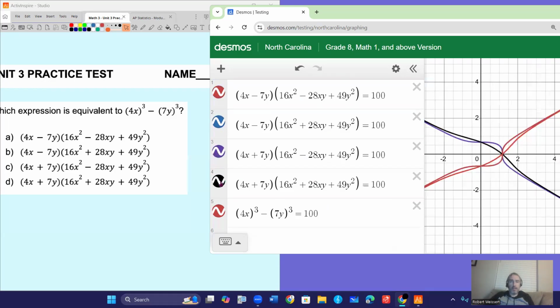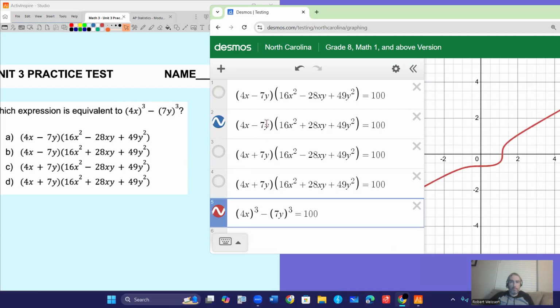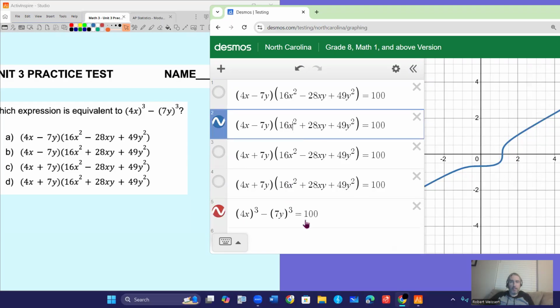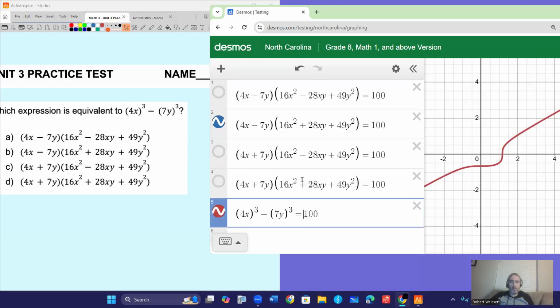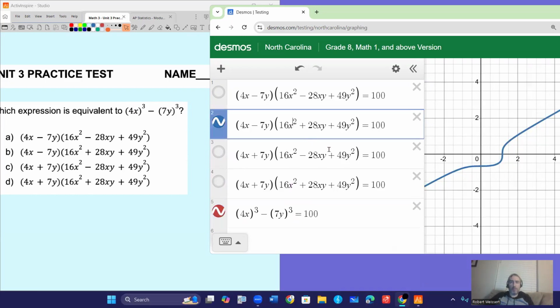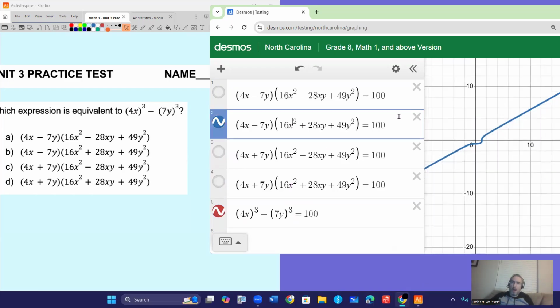So if I hide the four answer choices and I just pick one, so let's say it's the first one, you can see that's not the first one, they're off. So answer choice A will not work. Now, if I click on the second one, notice that if I toggle back and forth between these, it appears that these graphs are the same thing. They're just overlapping each other. And if I zoom out, I'm going to get the same thing.